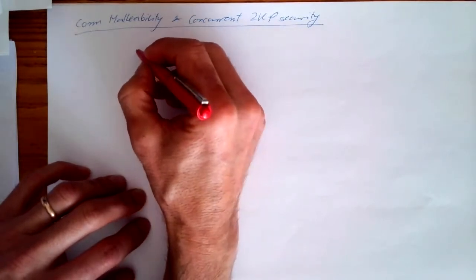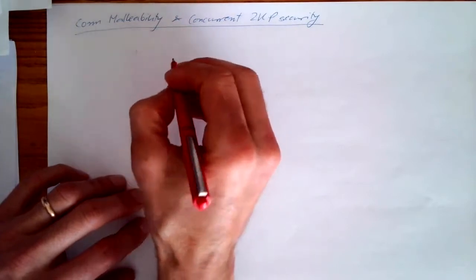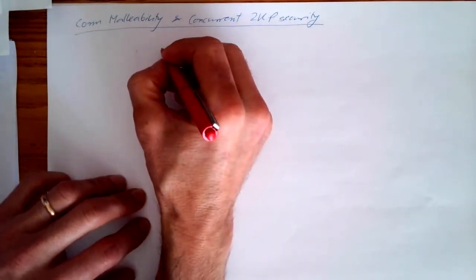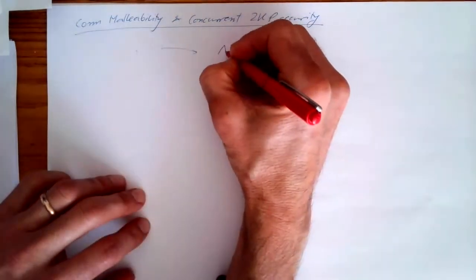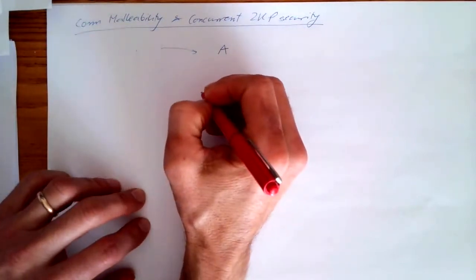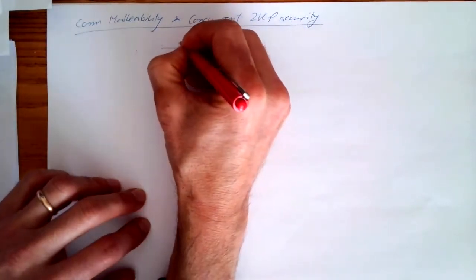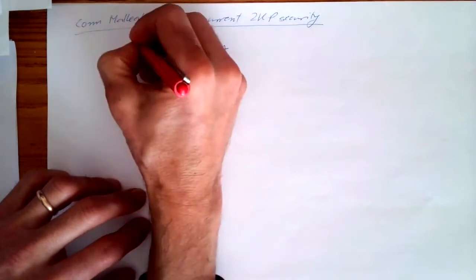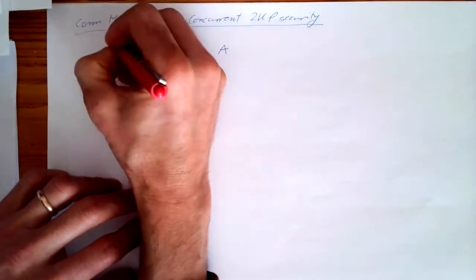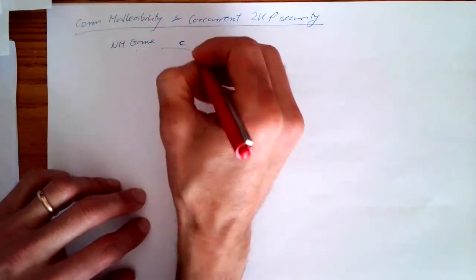Here is the basic question: here is an adversary, and the game here is the non-malleability game.